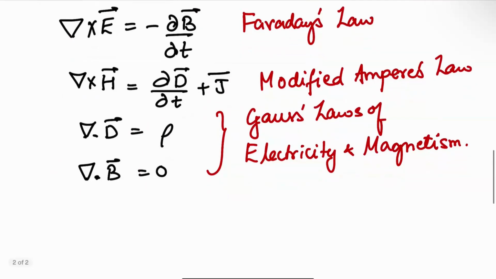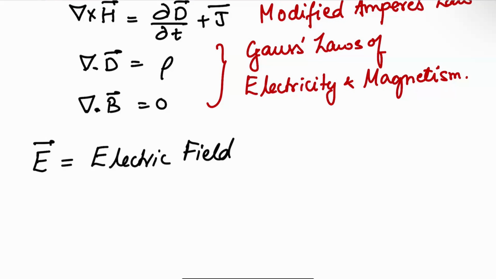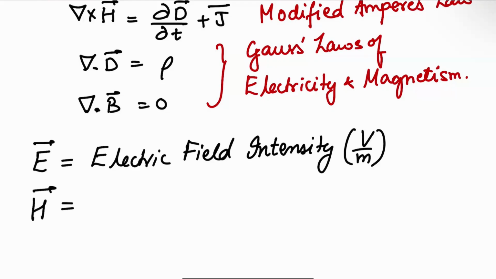Okay. So what are E, H, D, and B? Let's label them or define them. E is called the electric field intensity measured in volts per meter. H is the magnetic field intensity, amperes per meter.